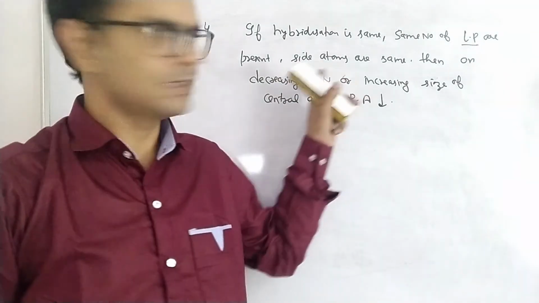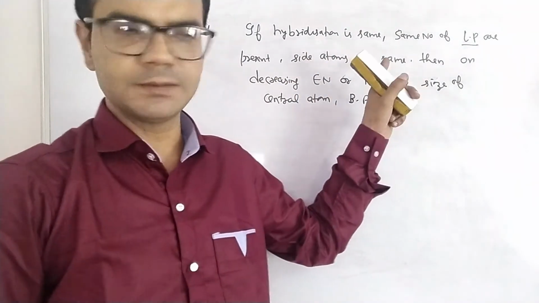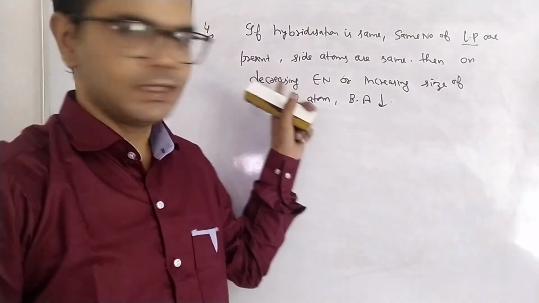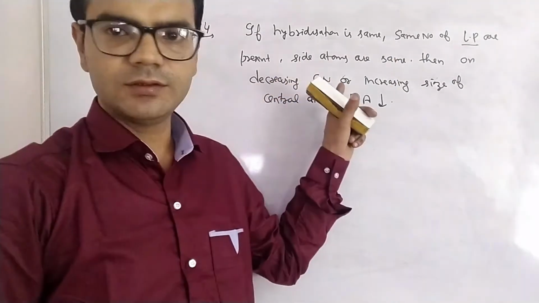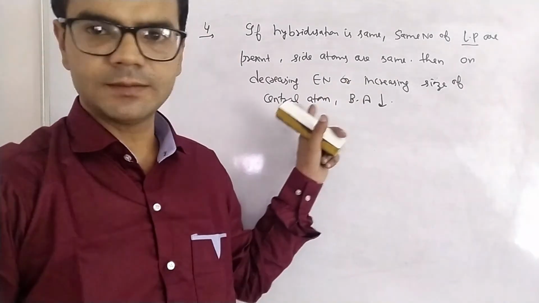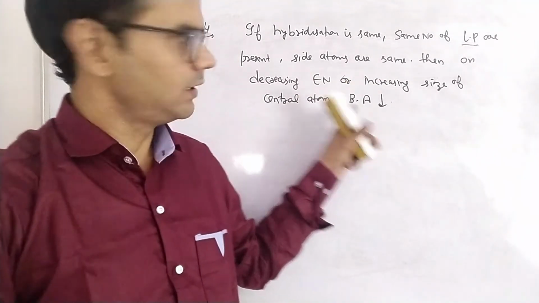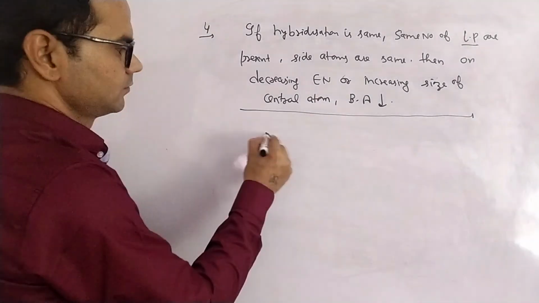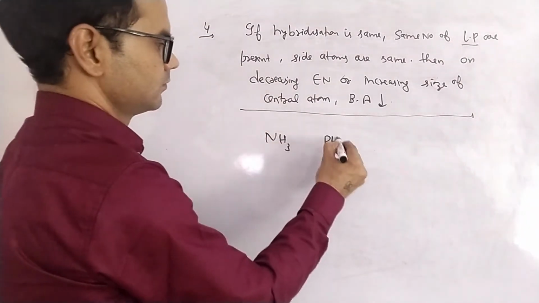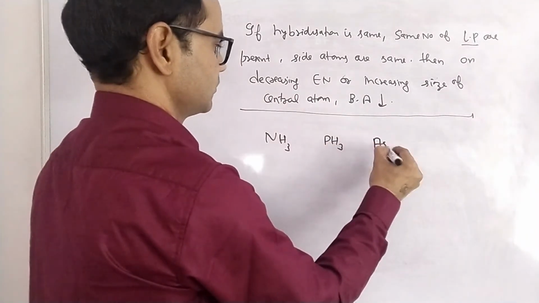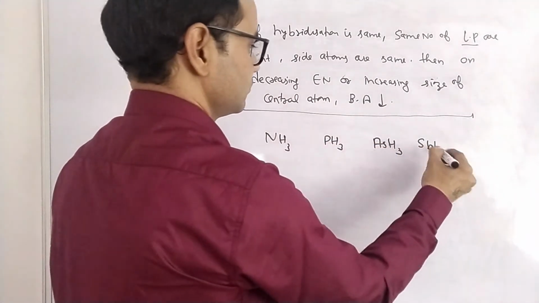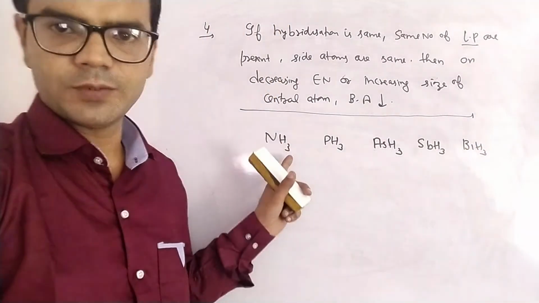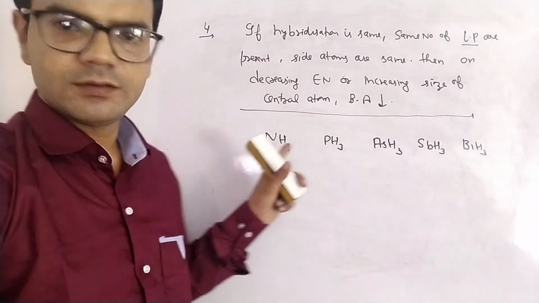if hybridization is the same, the number of lone pairs is the same, and side atoms are also the same, then on decreasing electronegativity or increasing size of the central atom, bond angle decreases. Let us understand with an example. We have the hydrides of group number 15.